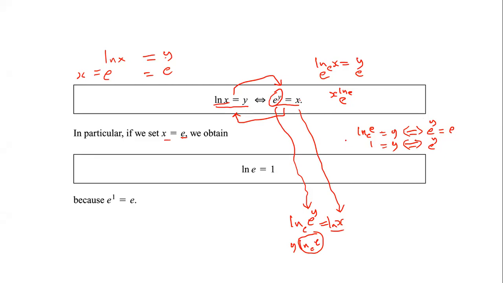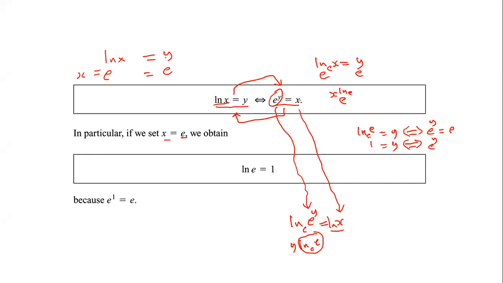It's ln e of the power e. It should be without e in the down. Ln e of the power e. It should be without e in the down.